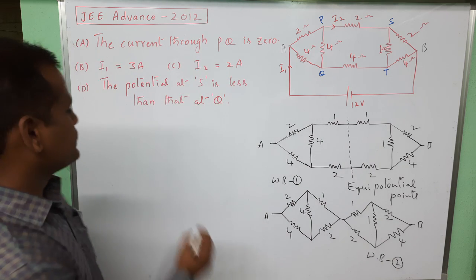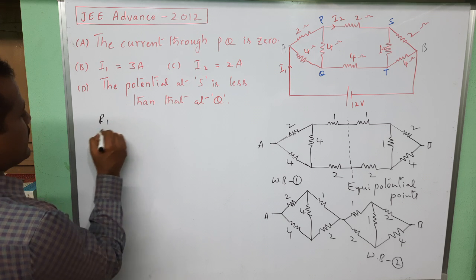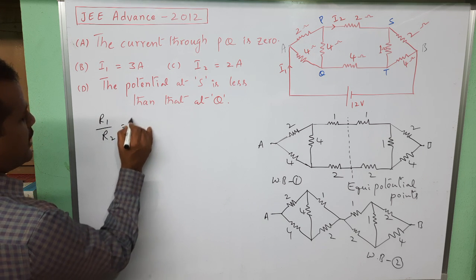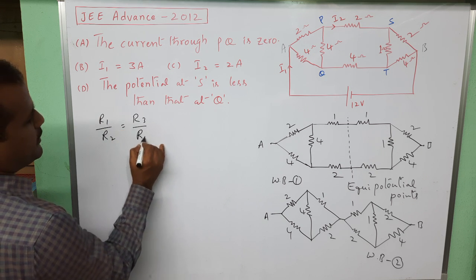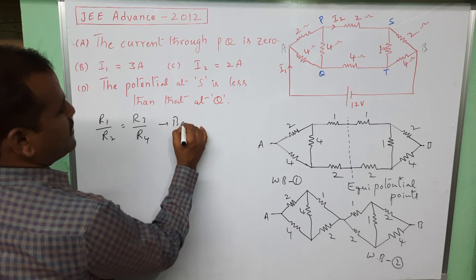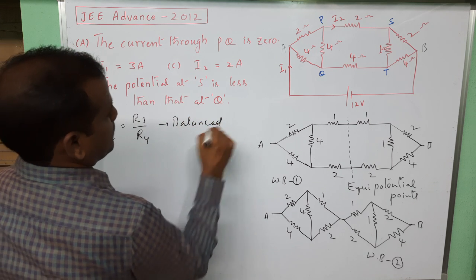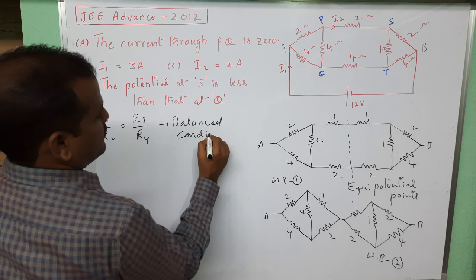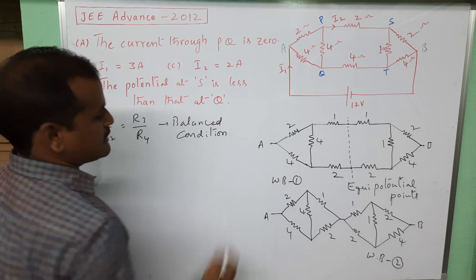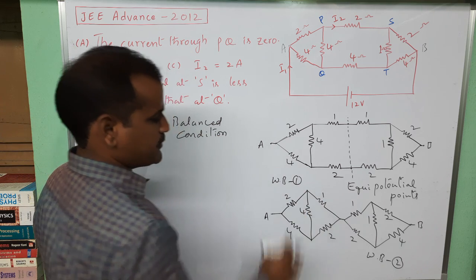Wheatstone bridge concept we know. Whenever the resistance relation is like this, R1 by R2 is equal to R3 by R4, this is a balanced condition under which the current flowing in this branch is 0.